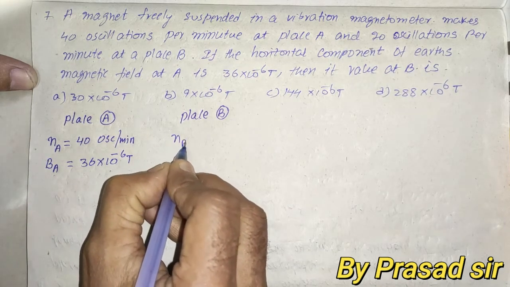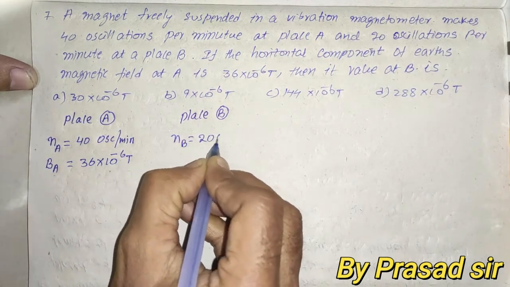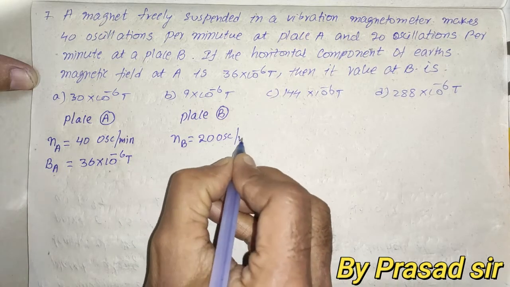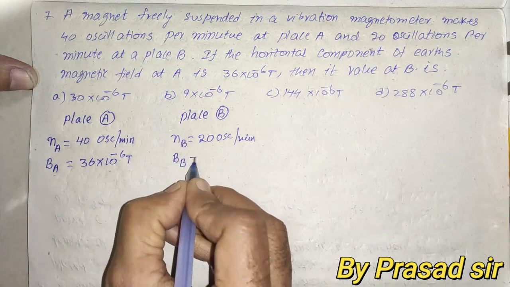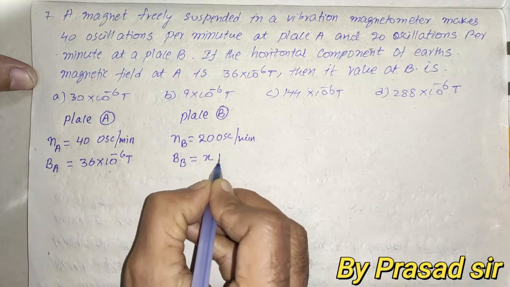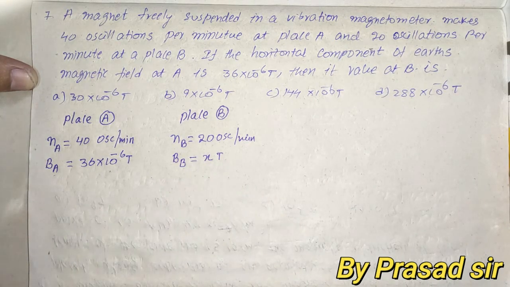So now at B, NB is equal to 20 oscillations per minute, and magnetic field at place B is equal to X Tesla. So we want to find X value.